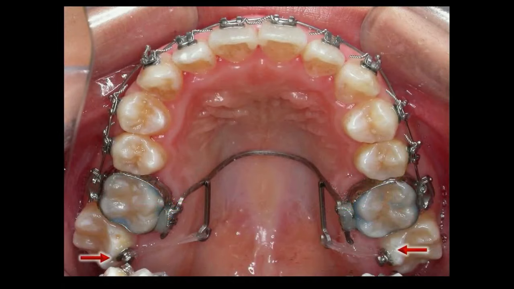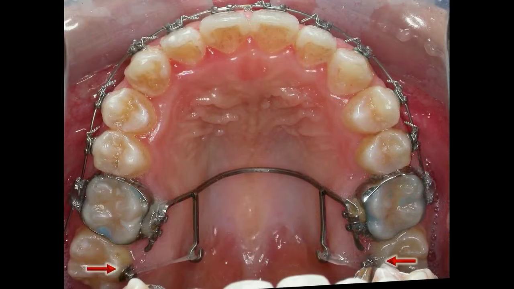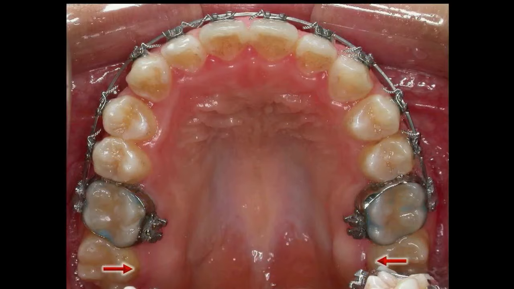Instead, the same force system was applied using passive TPA, and separate elastics were used for patient comfort. The force system of separate elastic looks from the occlusal view exactly the same as the one with single elastic across the arch. Notice that there are no adverse side effects.